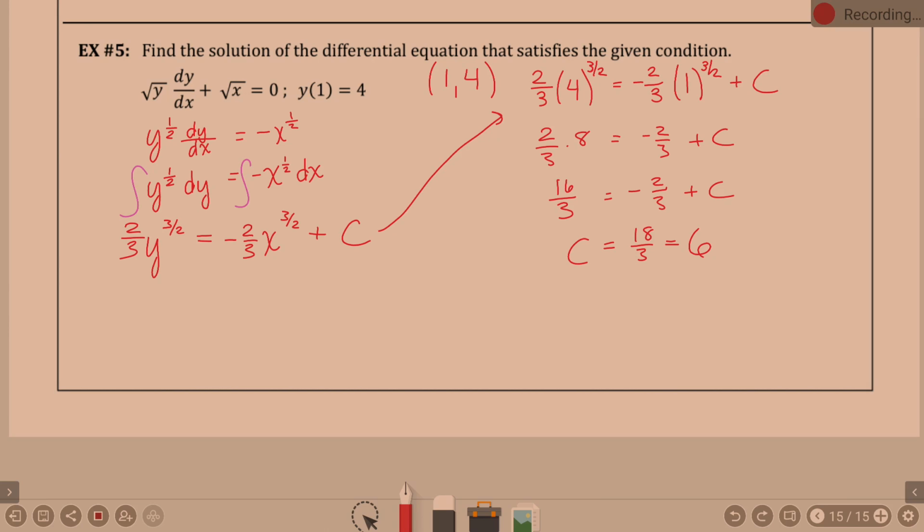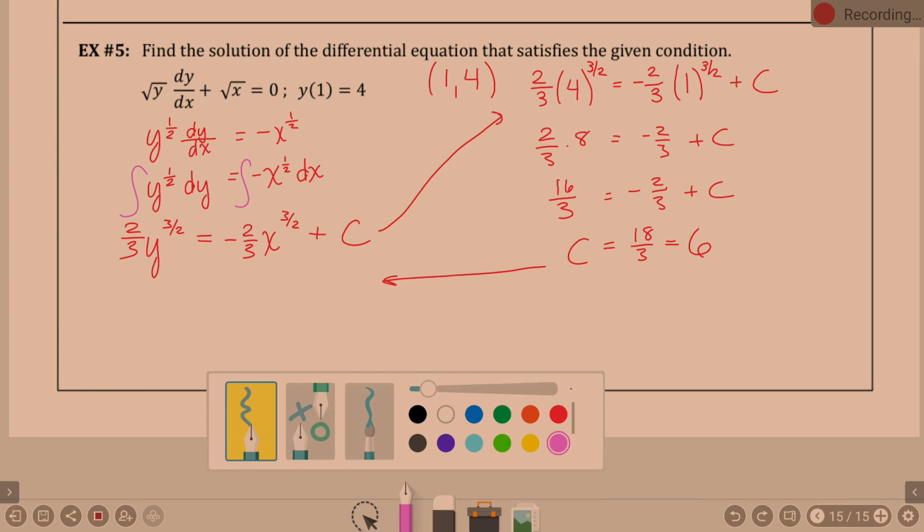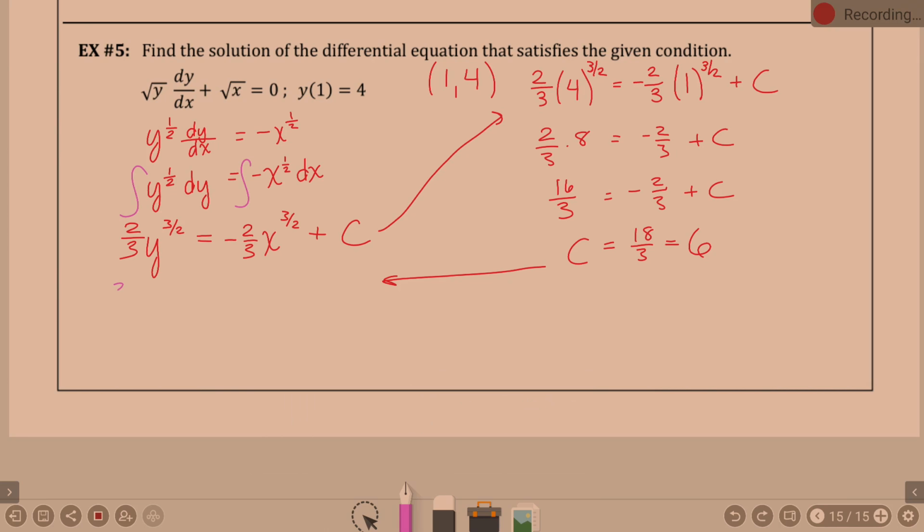Oh. So now, if I go back to the original, 2/3 y to the 3 halves equals negative 2/3 x to the 3 halves plus 6. I would definitely probably get rid of the 2/3. We could multiply by 3 halves, since they're both the same, and that would just make our only number over here.